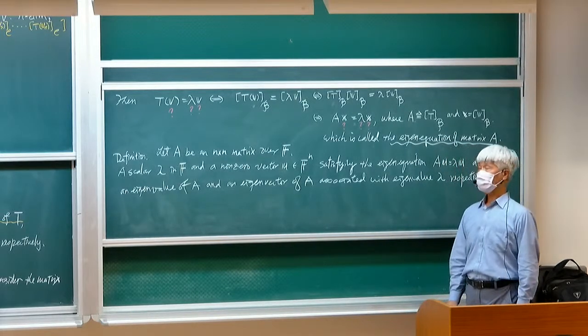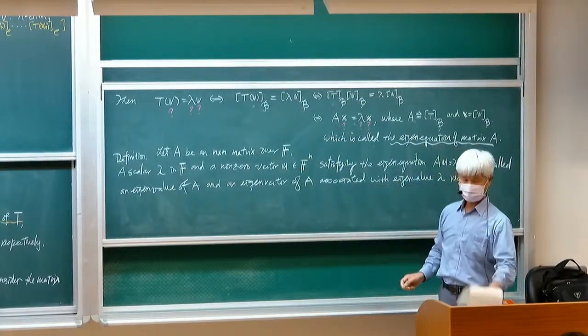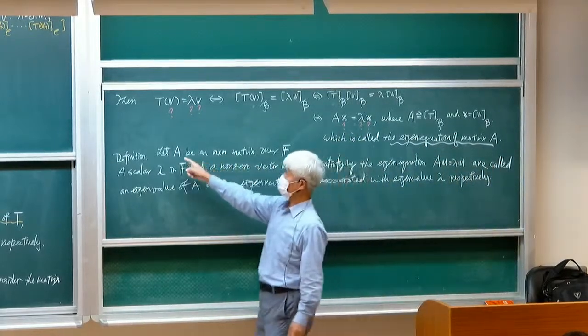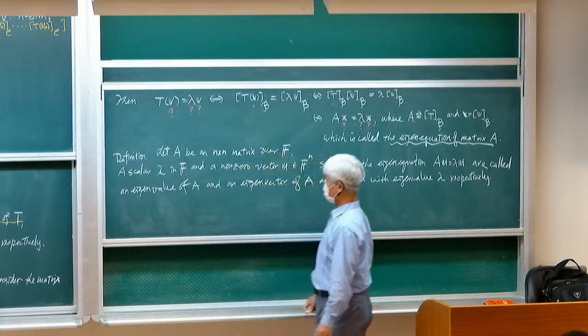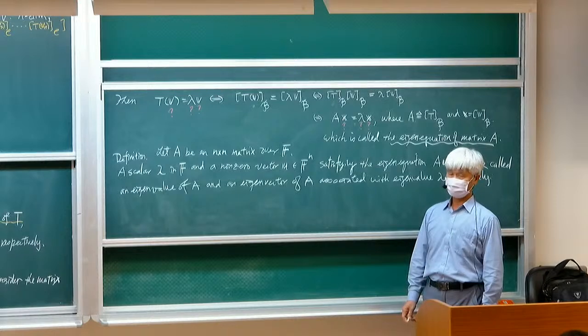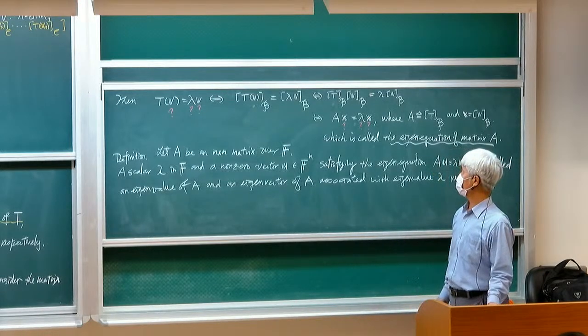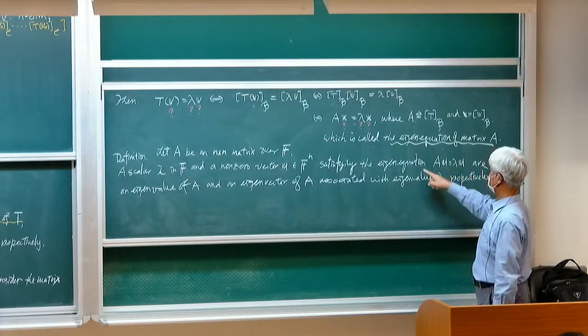So with just a matrix, for the sake of matrix A itself, the matrix can have eigenvalues and eigenvectors if they satisfy the eigen equation of A.